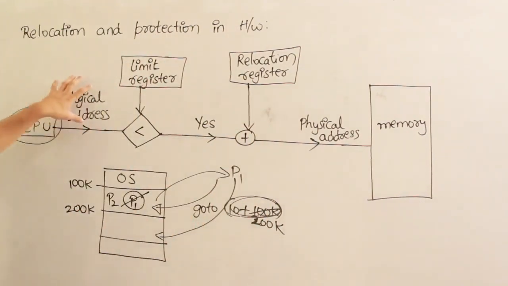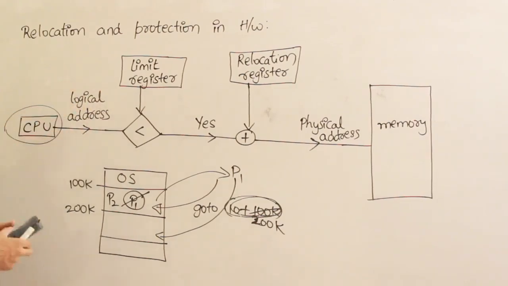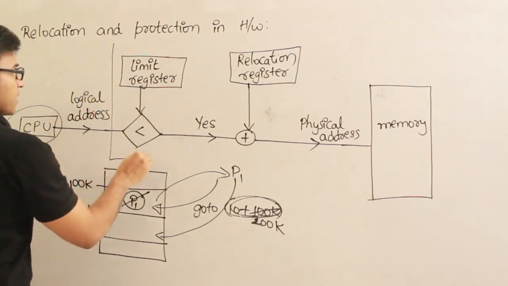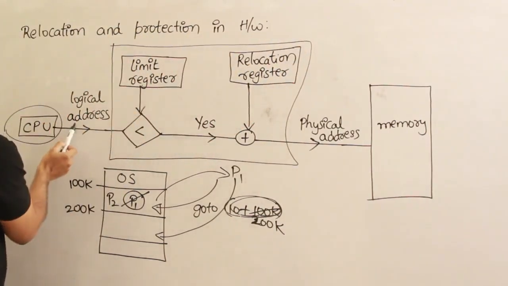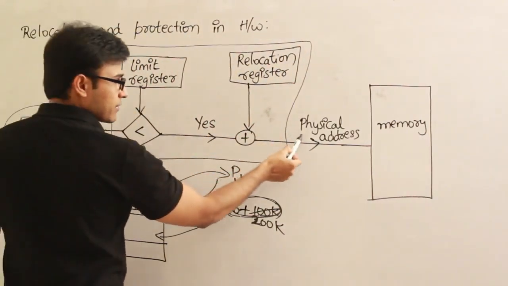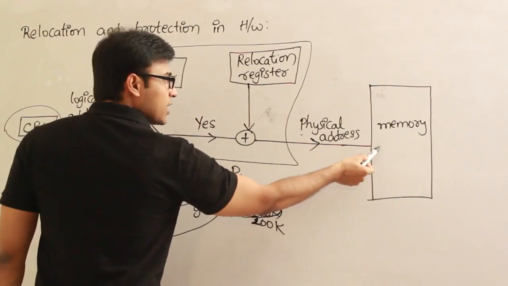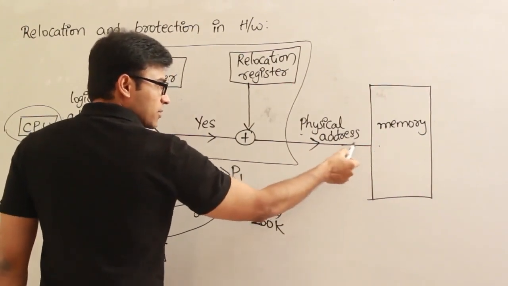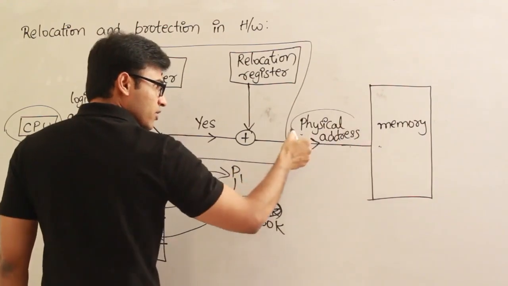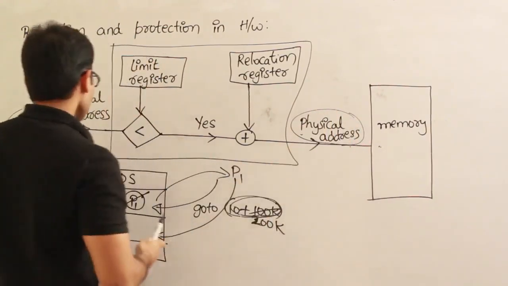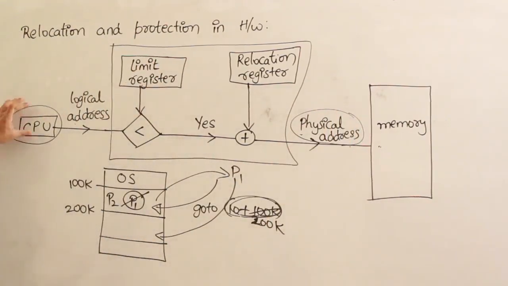Now somehow these logical addresses have to be converted to physical addresses, and this entire part is called the memory manager. They have to be converted to physical addresses and then given to the main memory, because the process is going to be present in some part of the main memory, and that should be referred to by the physical address. According to the CPU, it will generate some address.